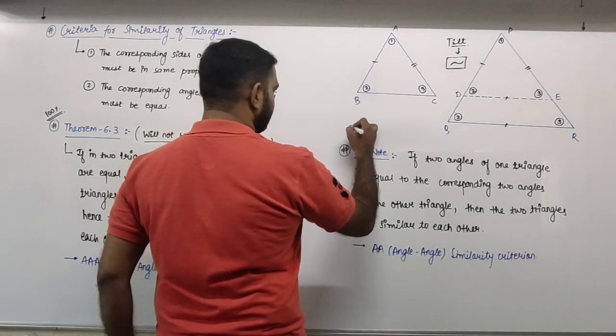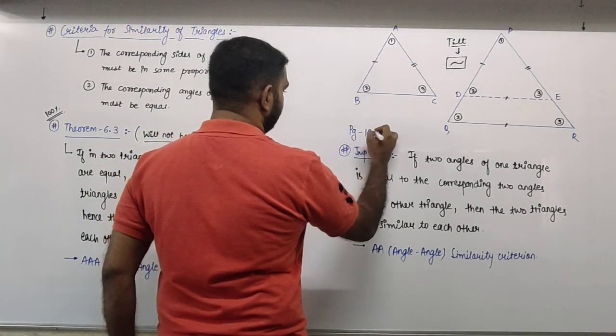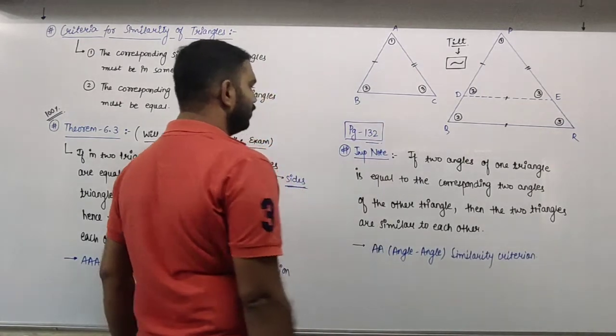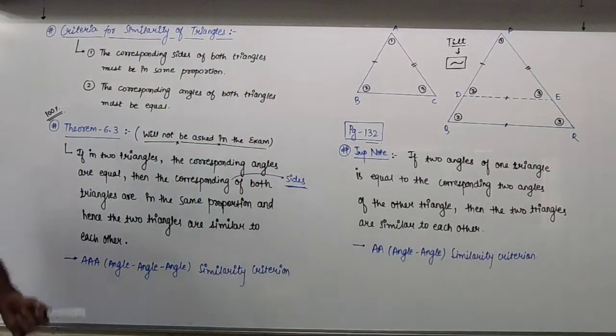This is given on page number 132, the first line of that page, right? એટલે તમને ઈઝી થઈ જશે કે આ તમારે ગોતવું નહીં પડે ટેક્સ્ટ બુકમાં ક્યાં આપેલું છે, right? So that is about theorem number 6.3 and that important note.